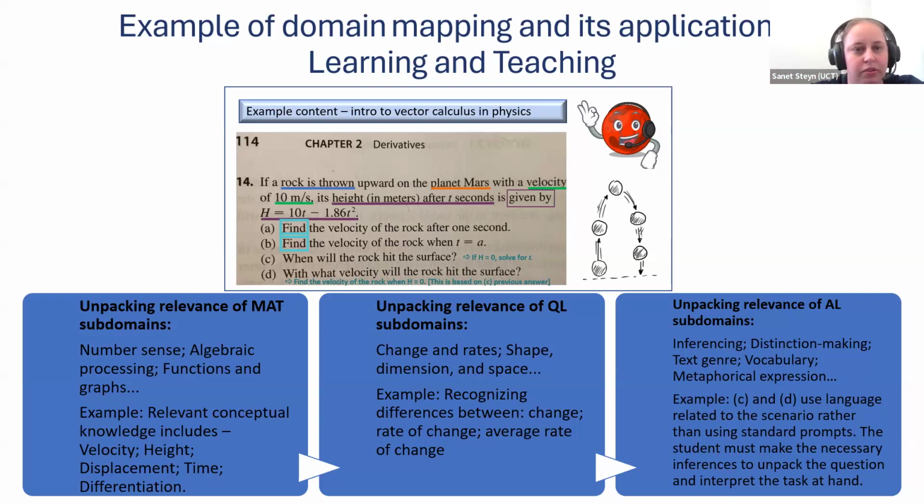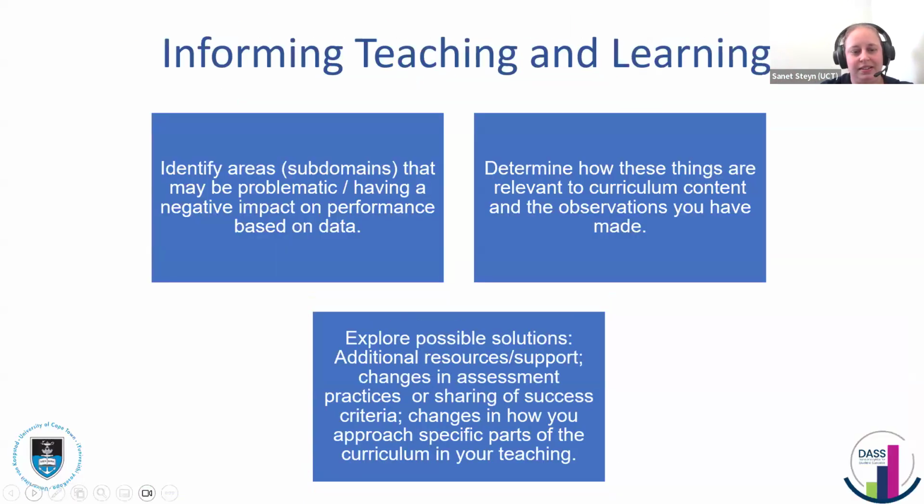And that would be one of the things that we would point out in terms of mapping academic literacy to this. So if we move to the next slide, I think this is the last one. Thank you, Greg. Firstly, we identify subdomain areas that might be problematic for our particular cohort of students enrolled for the course this semester, and that we find directly in the report for the cohort.